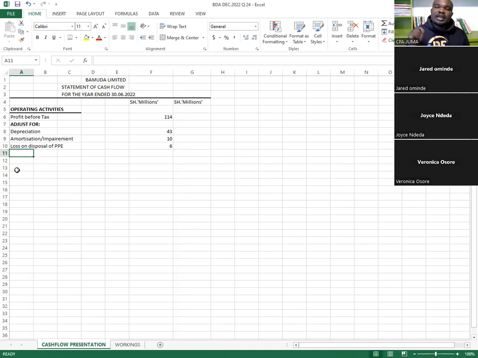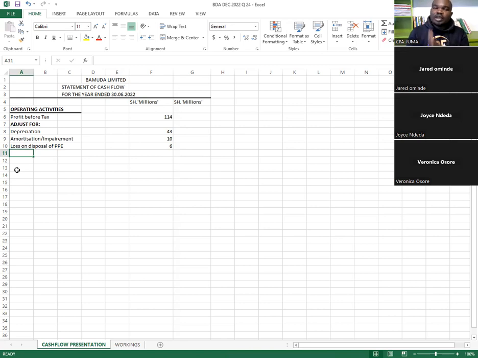you go back to the P&L, where we have the PBT, the profit before tax, where we have the 114. You go backwards from the profit before tax. You check for items which are non-operating.